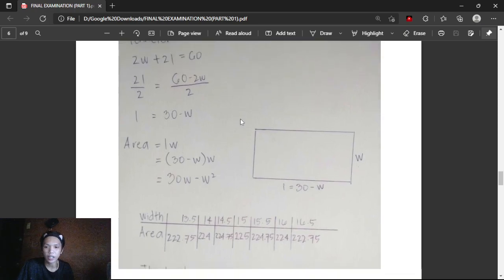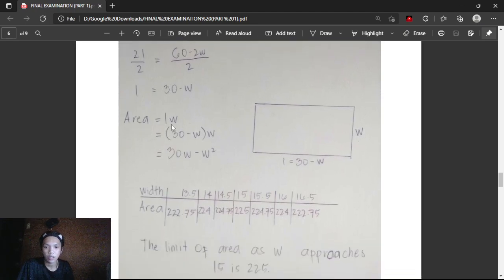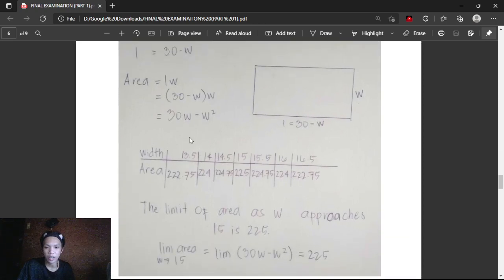So to get the area, we multiply length times width. So it equals 30 minus W, this is the length, times W, which is the width. So 30W minus W squared is the answer. So to get the maximum area, we need to divide the 30 by 2, because it has two sides.